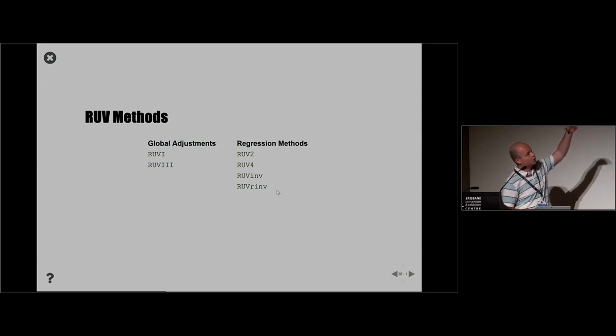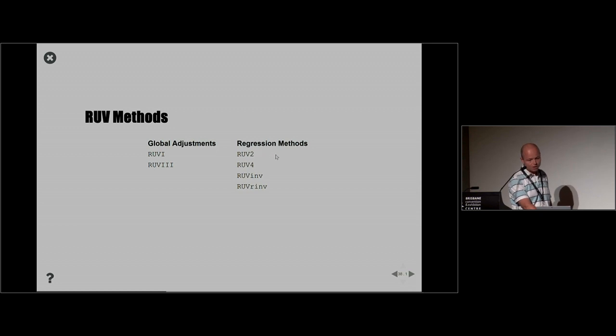So just like I showed you earlier in the slides, I took the negative controls, I did a factor analysis on them, and then I have my estimate of W. What I described, just as I described it, is RUV2. Okay? Take the negative controls, do factor analysis on them, call that your W, and then do a regression.